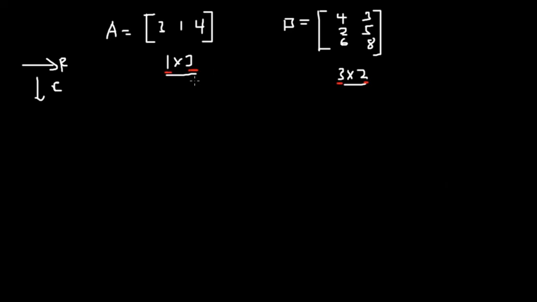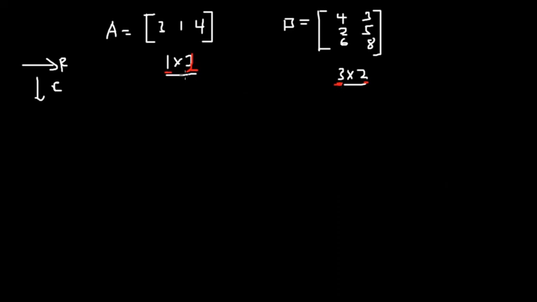First things first, the column count of the first matrix has to always be equal to the row count of the second matrix in order to multiply two matrices. So we can notice that this is equal to this. This is 3 and this is also 3, which means that we can multiply the two matrices.